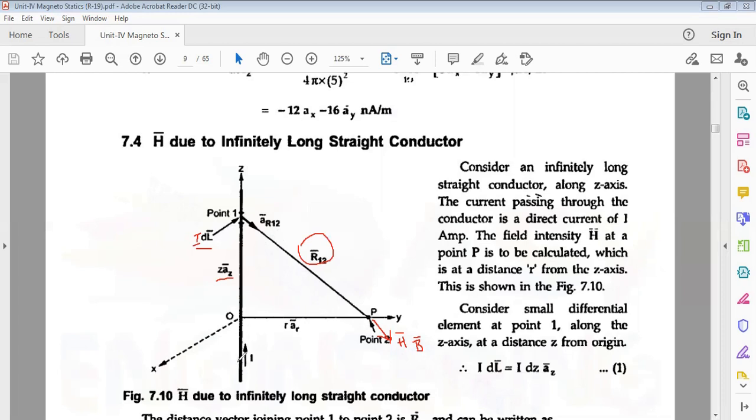Because it is a conductor carrying the current, I dl bar is at point 1, and you have to find the direction, which is a R12 bar.